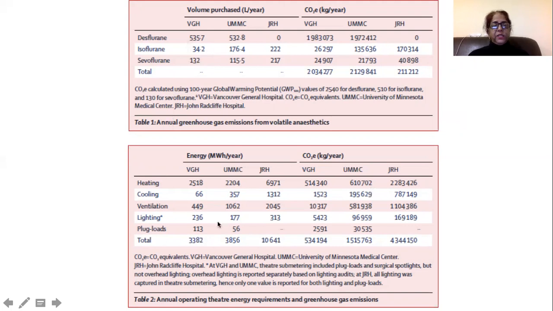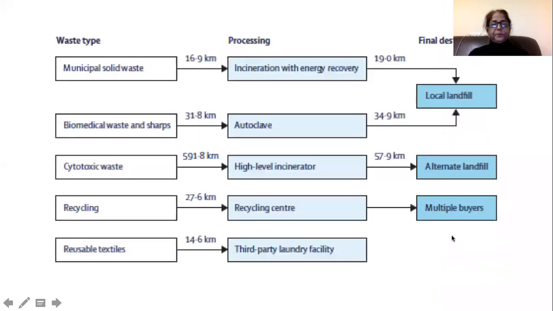And this was the energy used by HVAC, lighting, plug loads, and so total was around 53 million at Vancouver, and Minnesota 15, and 43 at John Radcliffe Hospital. And it was seen that the waste type, processing, and final destination, when they are reached, it has to travel a large distance.